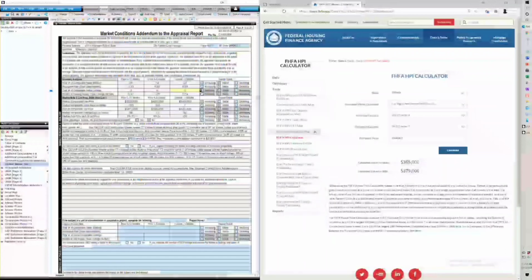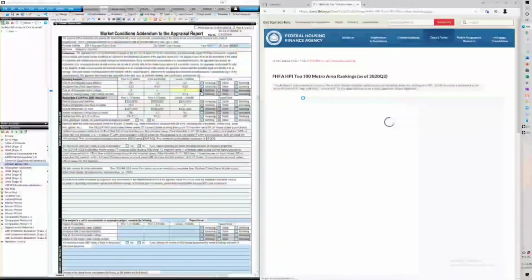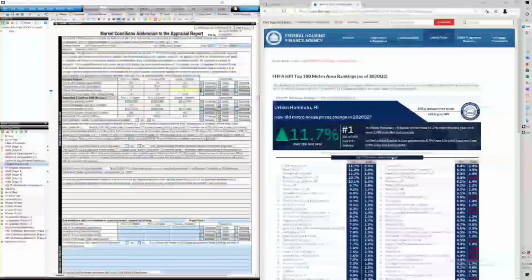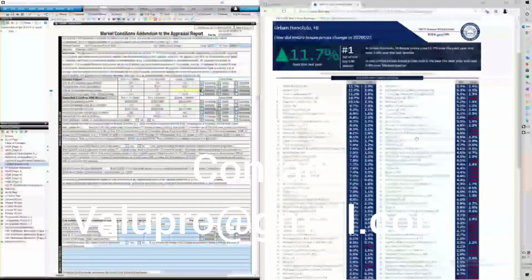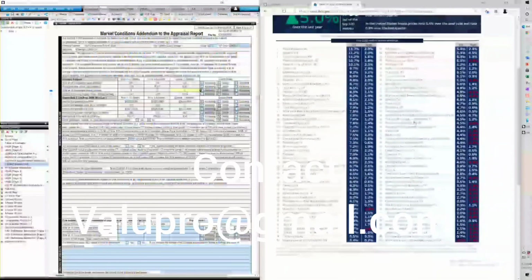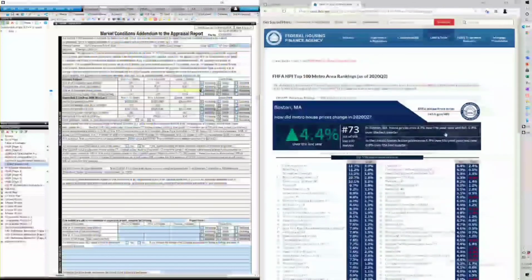And the nice thing is it covers the entire metro area, throughout the entire United States. In fact, they've got a little tab here that will give you the top 10 metro areas as of the second quarter that can help you determine what markets are hot and which ones aren't.